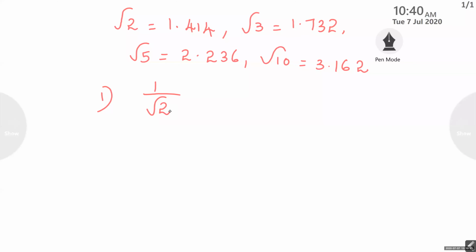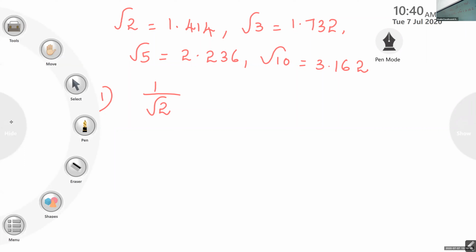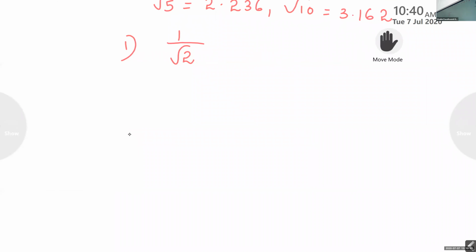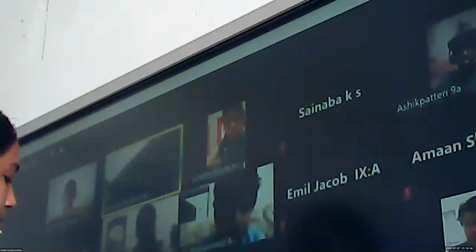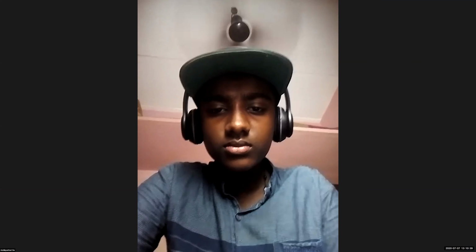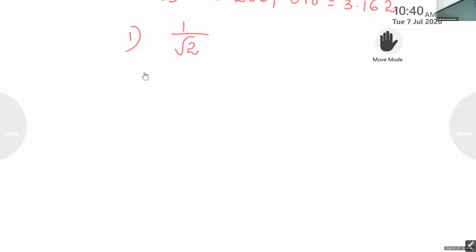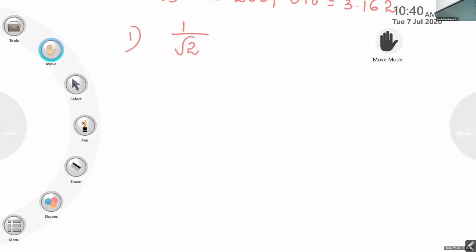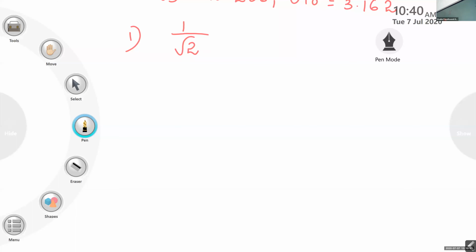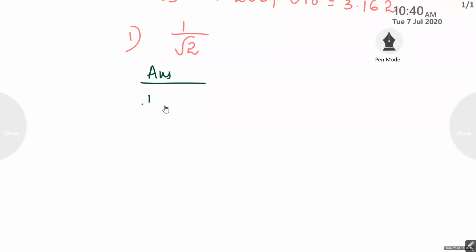Okay, so 1 by root 2. After the second step you have to write the answer. 1 by root 2.